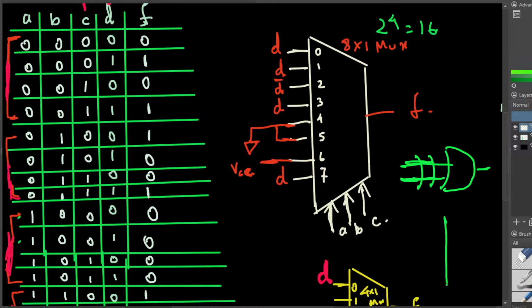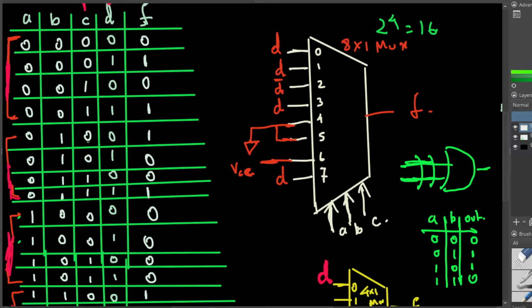The truth table is A, B, and the output. When we have 0 0, the output is 0. When we have 0 1, the output is 1. When we have 1 0, the output is 1. And when we have 1 1, the output is 0.